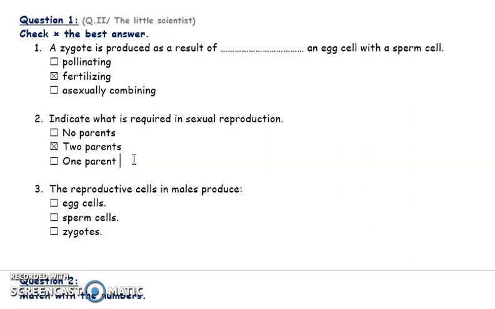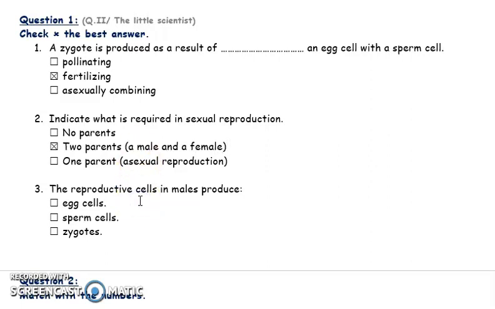One parent, one organism reproduces by its own to make a new generation. So this happens in asexual reproduction. The correct answer is two parents, a male and a female.